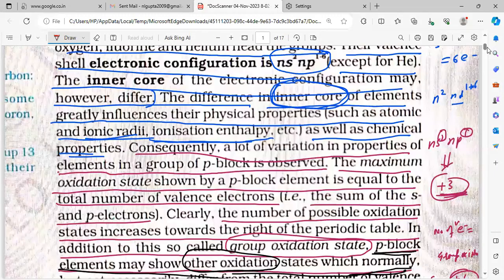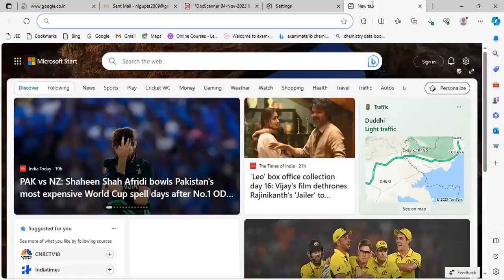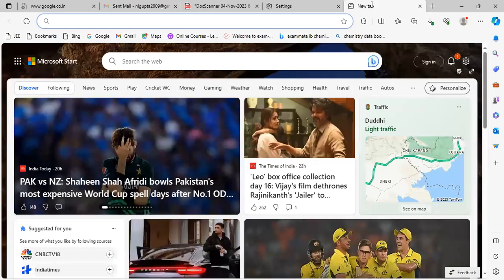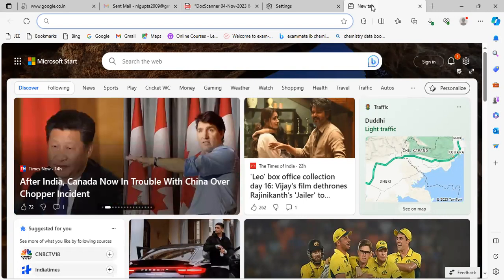Okay. Group 14 elements, that is the carbon family, most of the things you will study. Similar terms are there. Okay, p block.